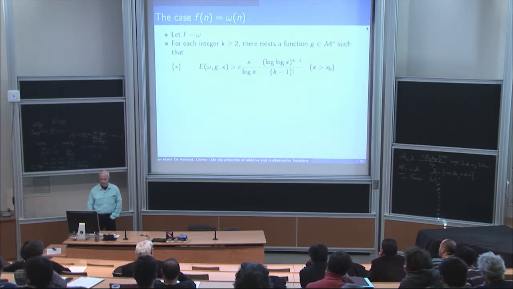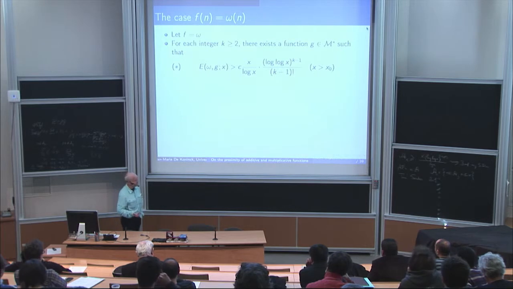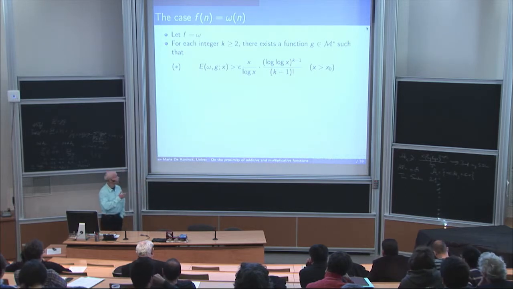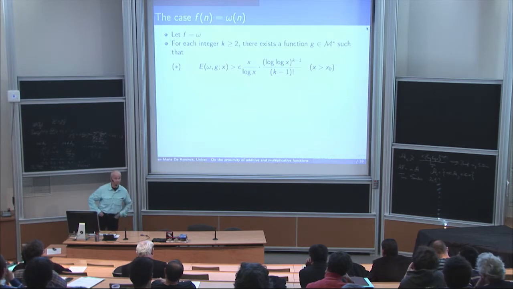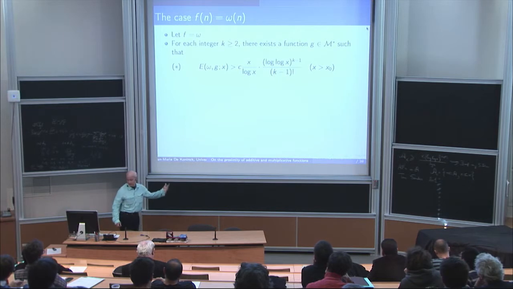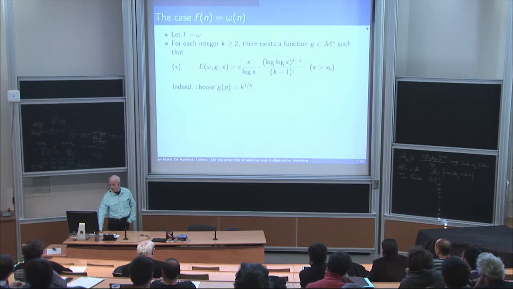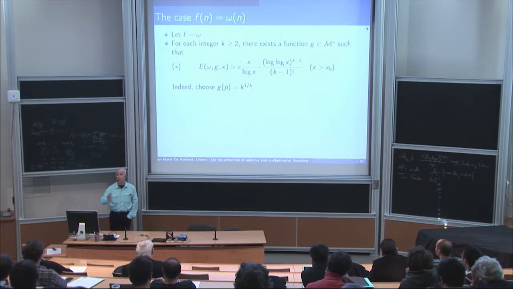First observation, we already knew that E(x) for this omega of n function is bigger than x over log x, but we can find a larger set of coincidence in this way. It's easy, because just choose g(p) equals k to the 1 over k. So k is fixed.